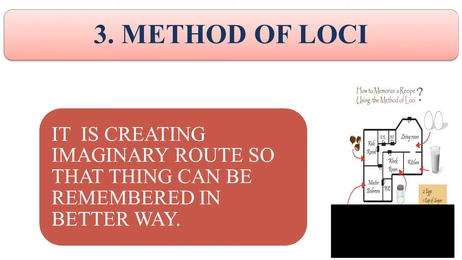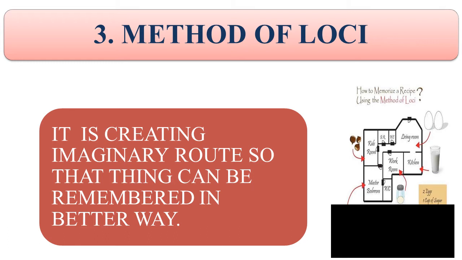Method of loci. It creates an imaginary room so that things can be remembered in a better way. Example: things to be picked up while going home or steps to solve mathematical problems.